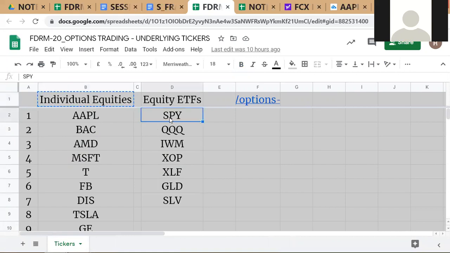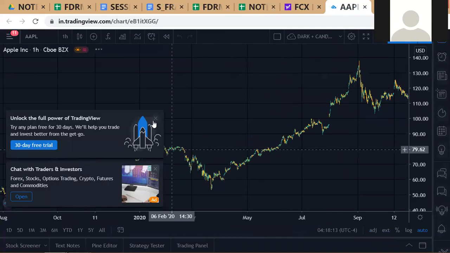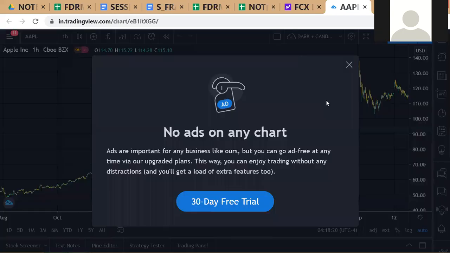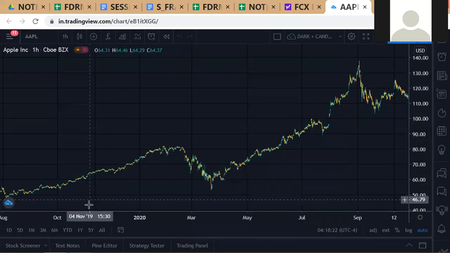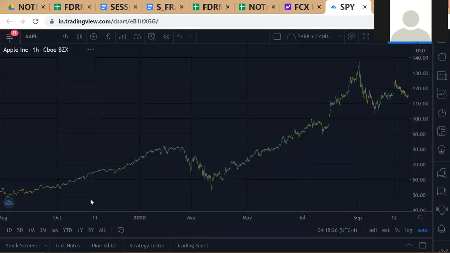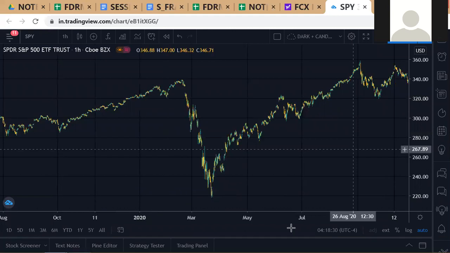Now I've told you before, SPY is the basket of stocks that mimics the performance of the S&P 500. If you do a check, you'll see it's around 1/10 of the S&P 500 index. If you check the S&P 500 index and the SPY performance, here you see SPY, you will see the S&P 500 index will be around 3,400.